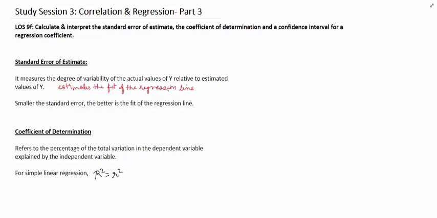So if the value of the standard error is small, we say that the fit of the regression line is good, and hence the relationship between the dependent and the independent variable is high. However, if the value of the standard error is high, then the fit of the regression line is low. So mathematically, we say that the standard error of estimate is basically the standard deviation of the error terms.